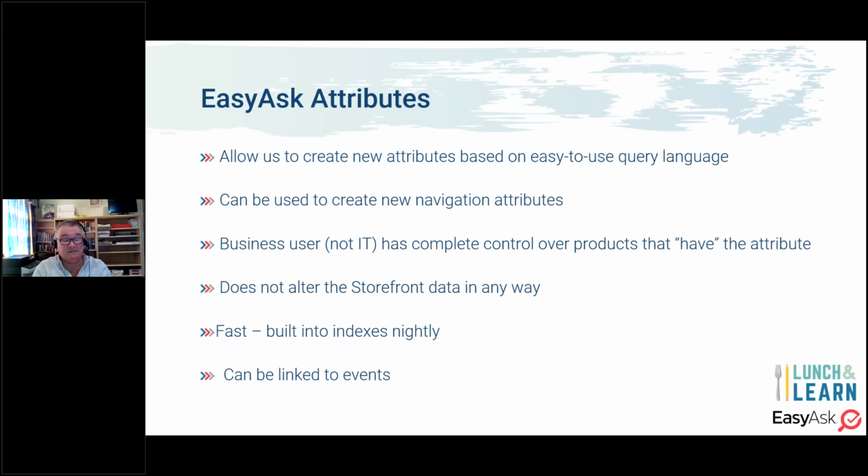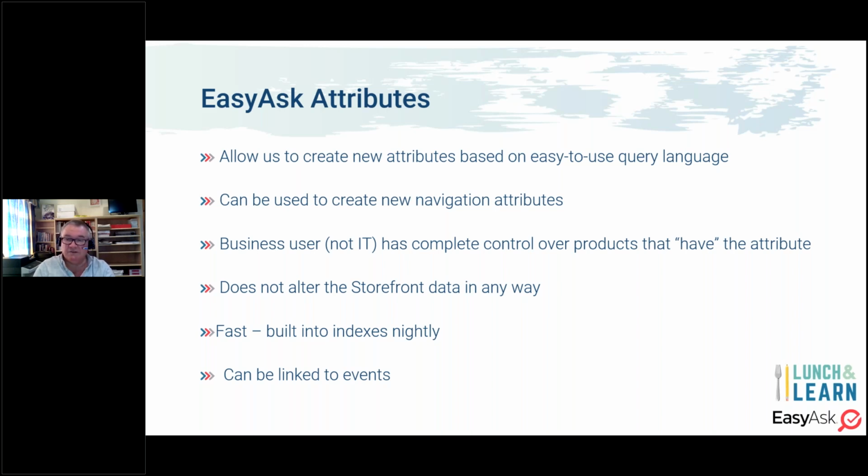And this means that you effectively only turn them on for a certain period of time. You may have attributes related to a campaign you're doing that only lasts for 2 weeks. The attribute will appear and disappear automatically if it's linked to an event like that.